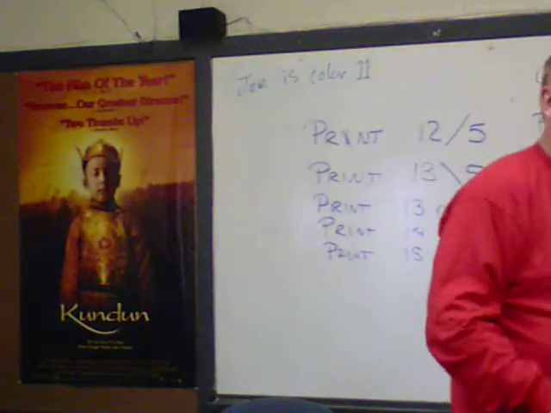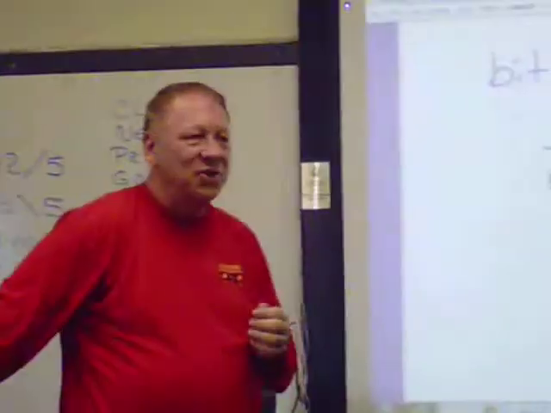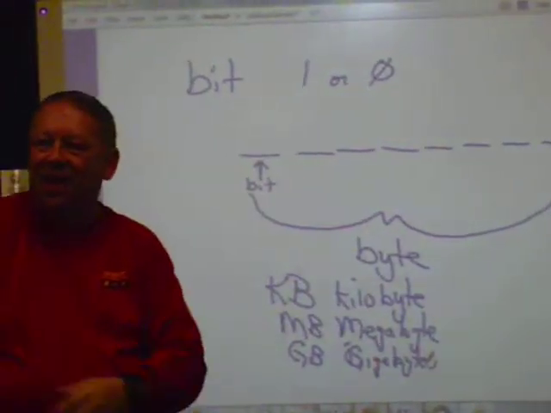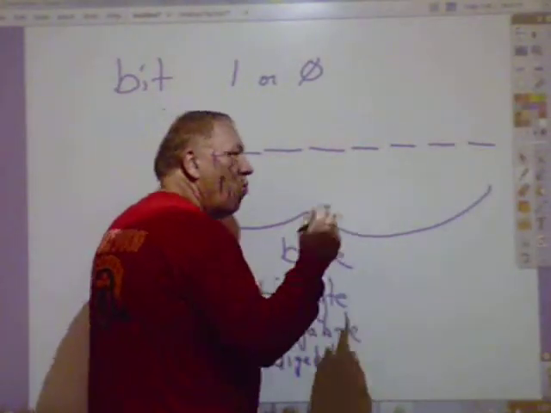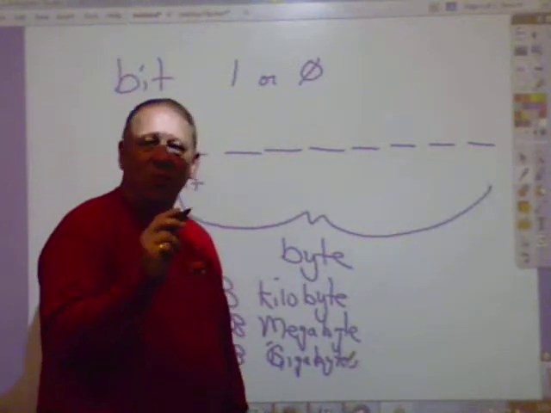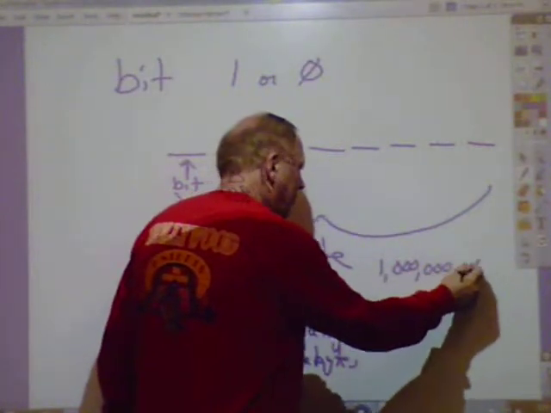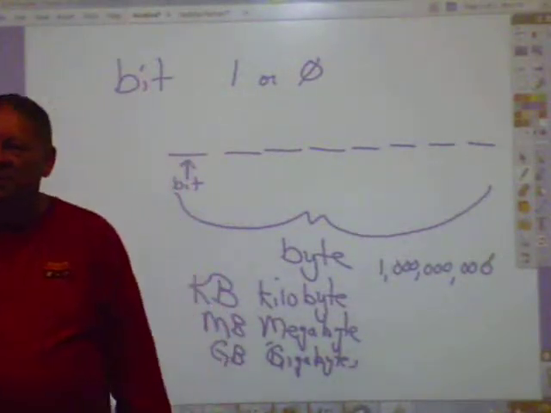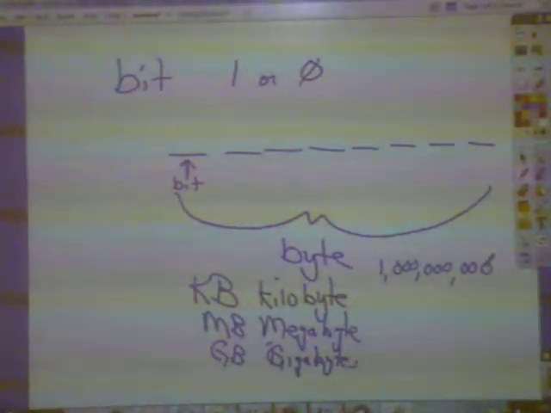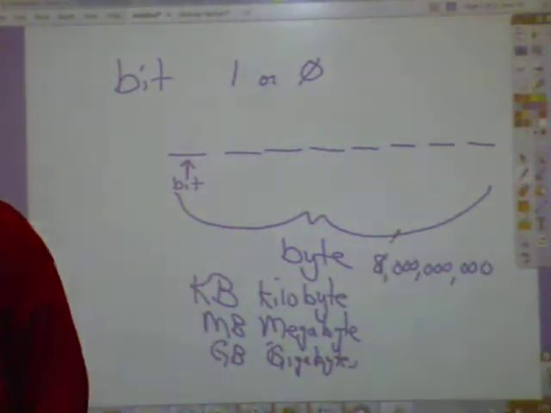Okay, so when I talk about memory, I'm talking about this part of the computer, not the storage stuff, because you can add storage. All right, so if the computer on your desk is 1 gigabyte, 1 billion bytes, and it takes 8 bits to make a byte, then that means it's 8 billion bits.